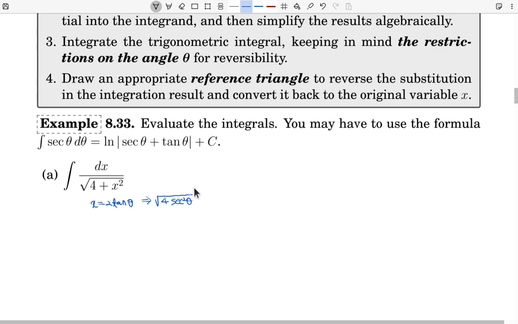Now for that one, we can have twice the absolute value of sec theta.